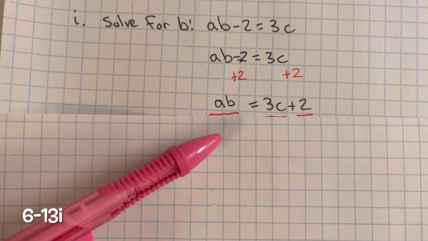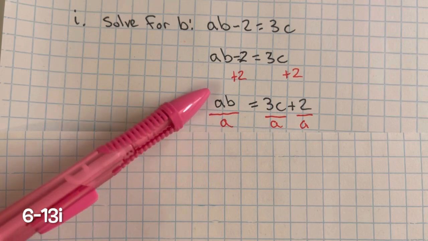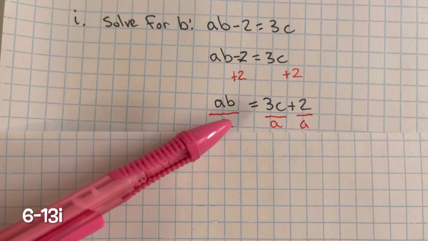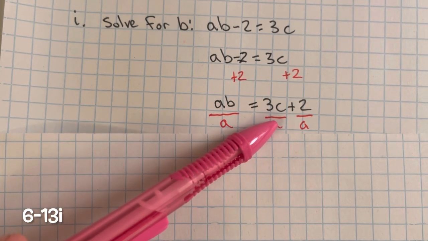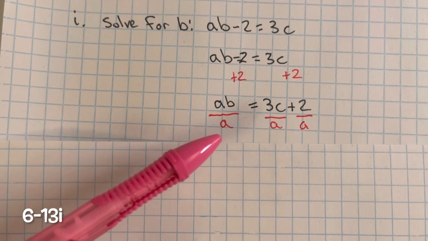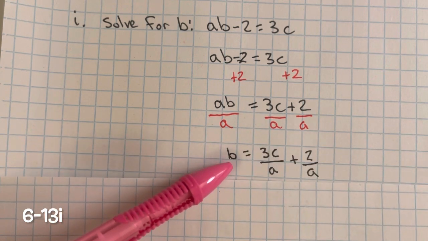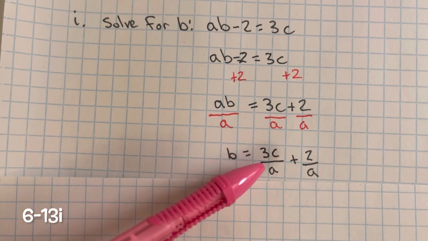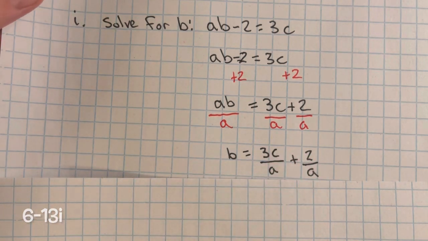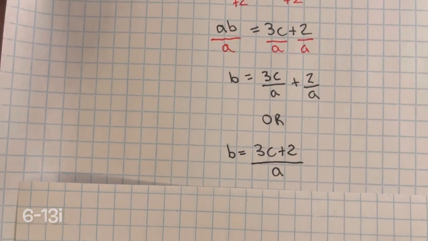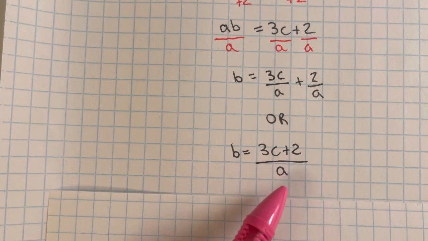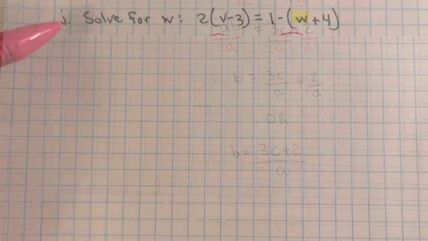Inverse property of multiplication is division. We're going to divide by a because that creates the giant 1. What you do to one side, you have to do to each term on the right side. So we have b equals 3c over a plus 2 over a, or you can have b equals 3c plus 2 over a.